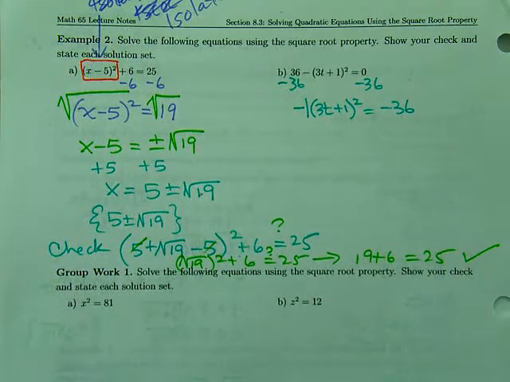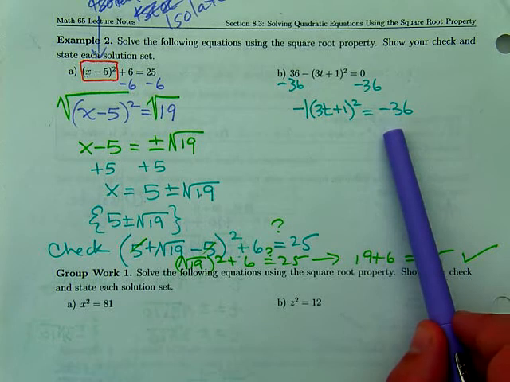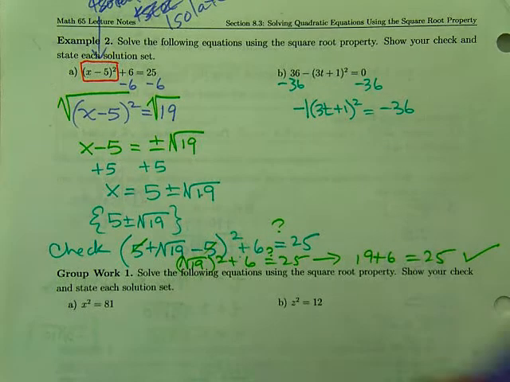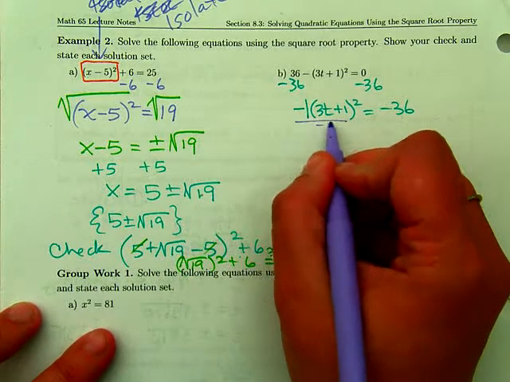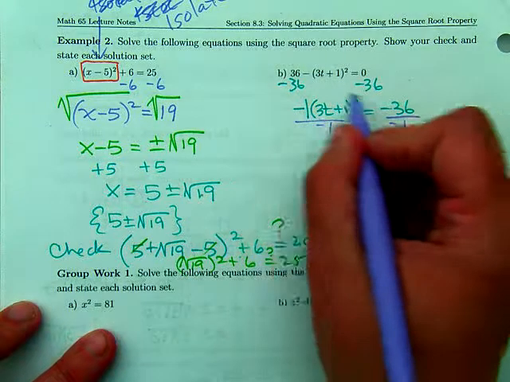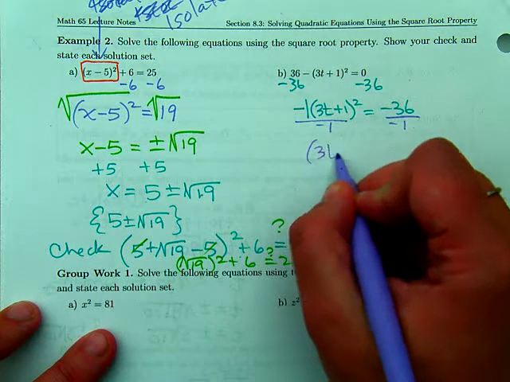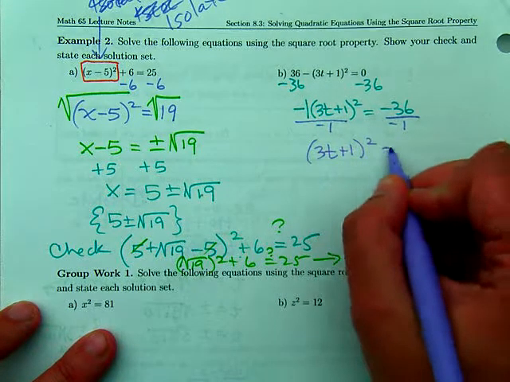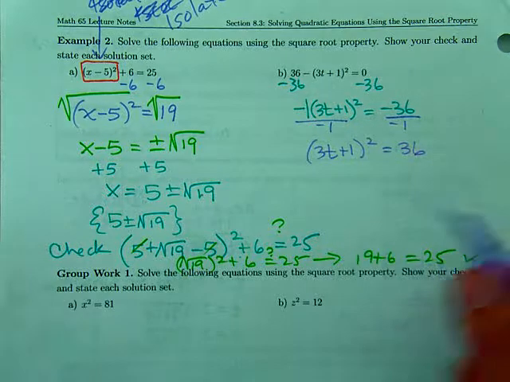What could I do right now? I don't want to take the square root of a negative. Why can't I take the square root of a negative? It's not real, right? So divide by negative 1 on both sides. Now that will make that positive. (3t plus 1) squared equals 36.